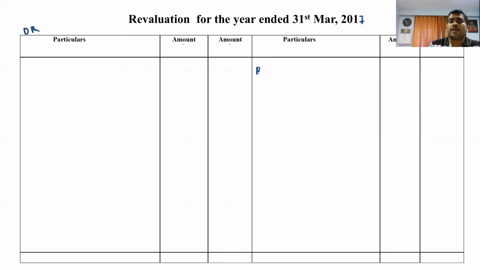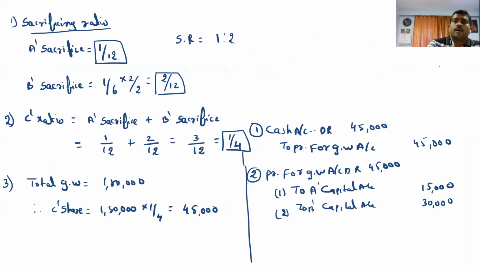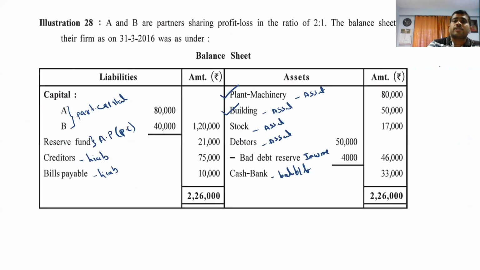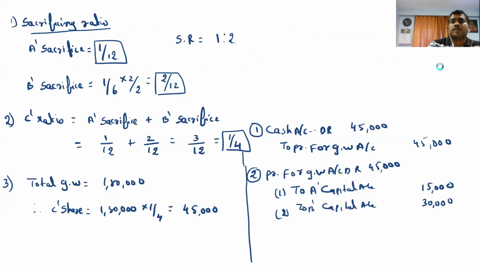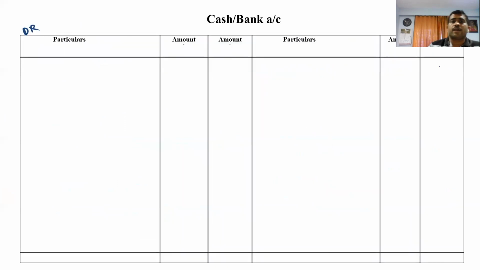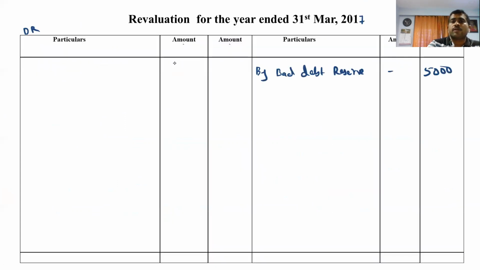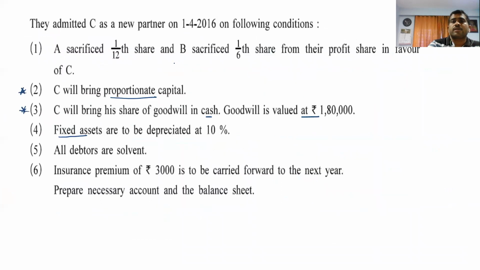So on the credit side we write by bad debt reserve, how much? 5,000. After that, cash and bank 33,000. So cash and bank we can write on the debit side. Come to the debit side, there we can write to balance brought forward. How much? I just forgot the figure. I think 33, no? Yes, 33,000.